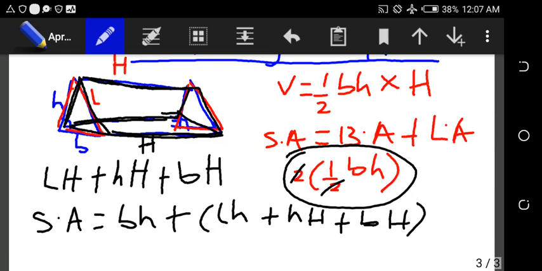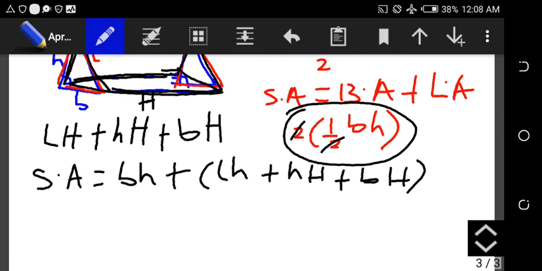So this becomes the formula for the surface area of a right-angled triangular prism.